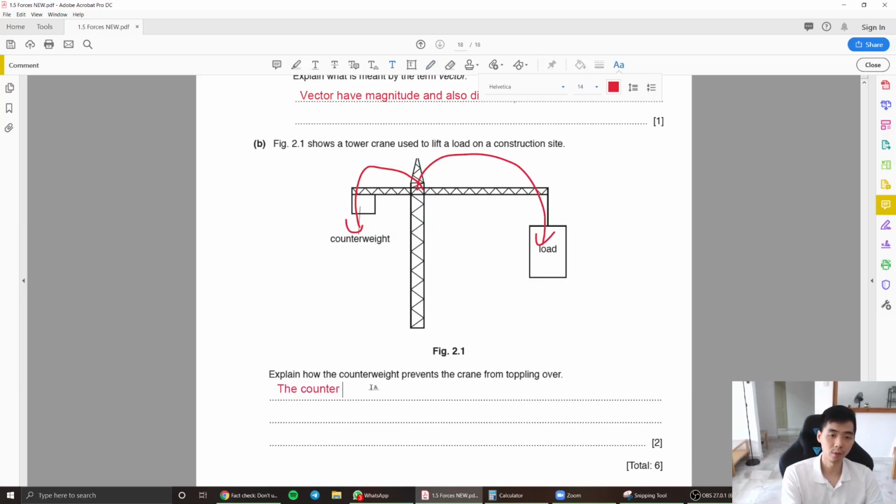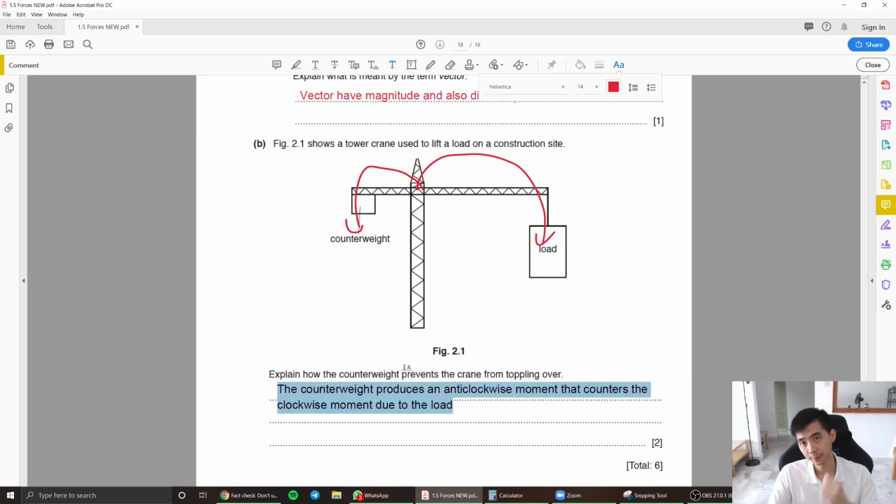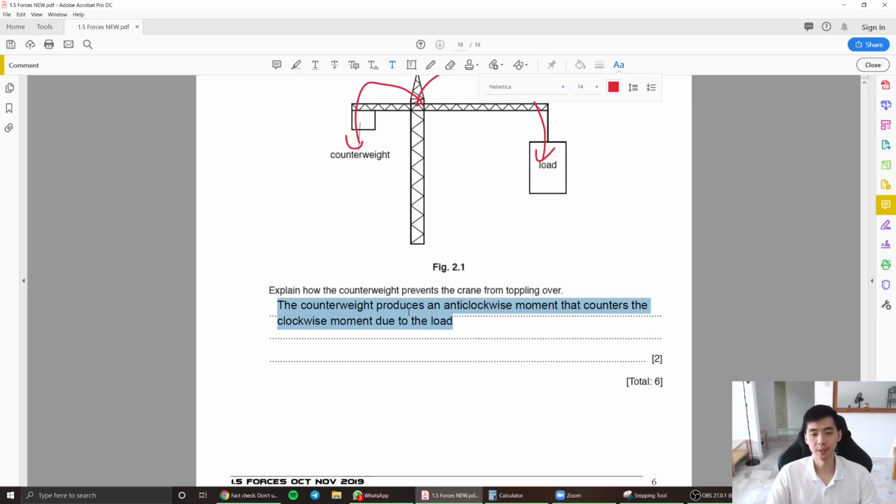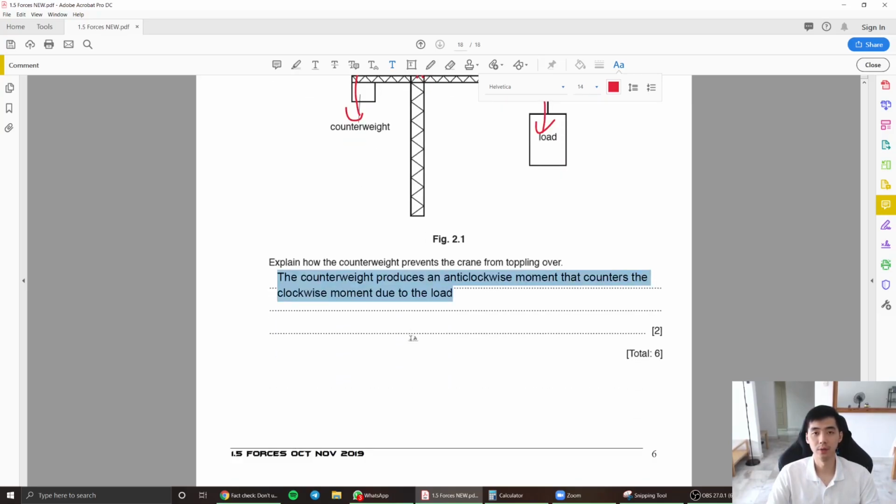The counterweight produces an anti-clockwise moment that counters the clockwise moment due to the load. Okay, and this is basically how you're supposed to answer all these questions here.